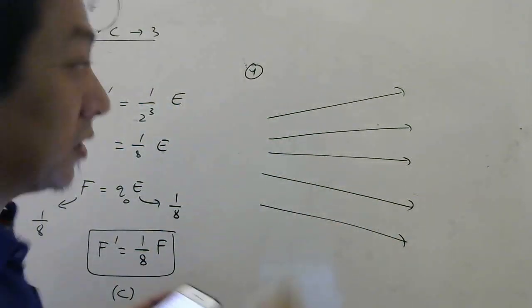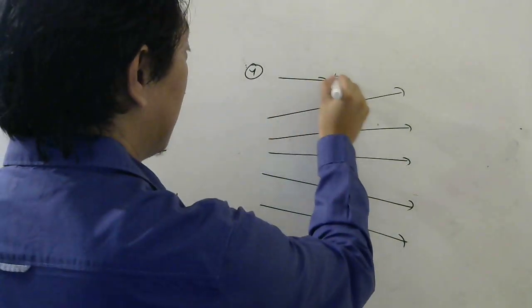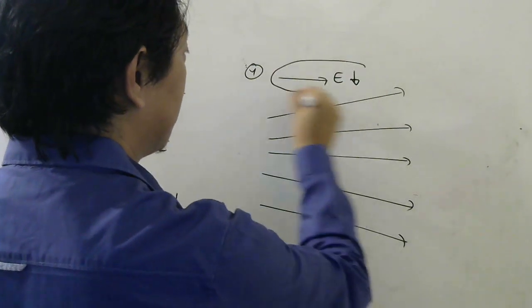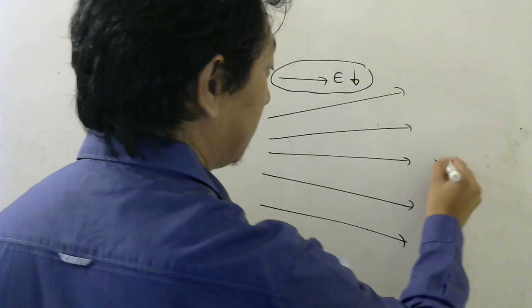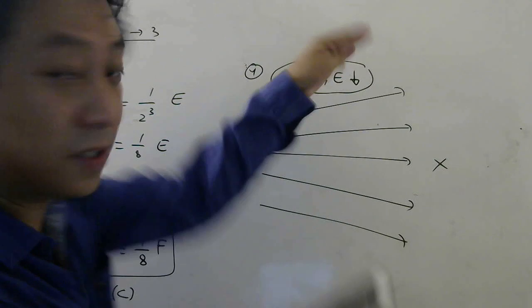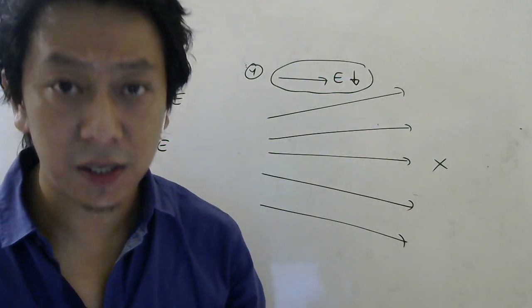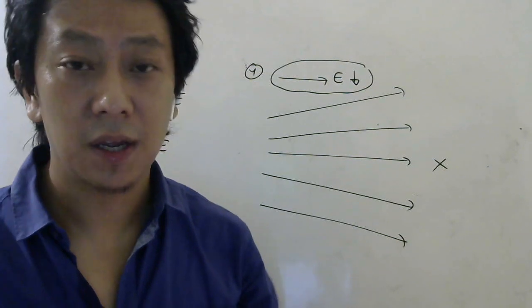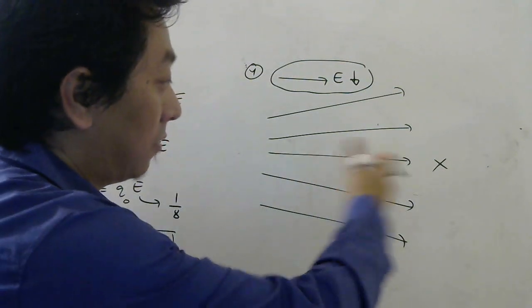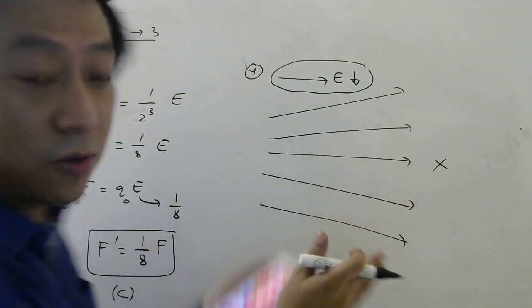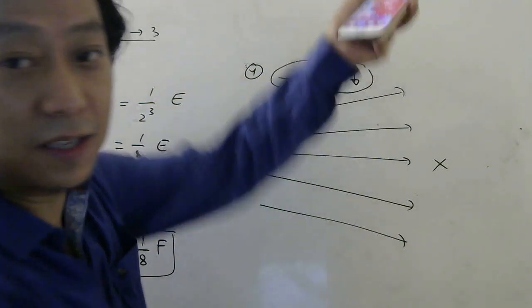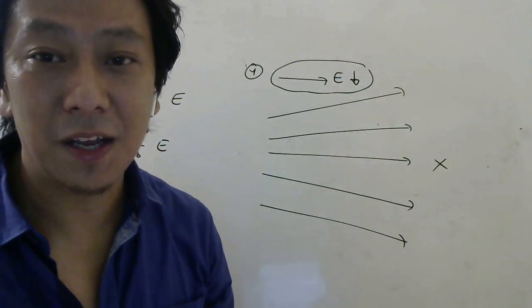So if gap is increasing, it means in this direction electric field is decreasing. You know the properties of electric field lines, right? Wherever the lines are closer, electric field is stronger, and as you move along the x-axis, you can see the gap is increasing. That represents what kind of electric field?